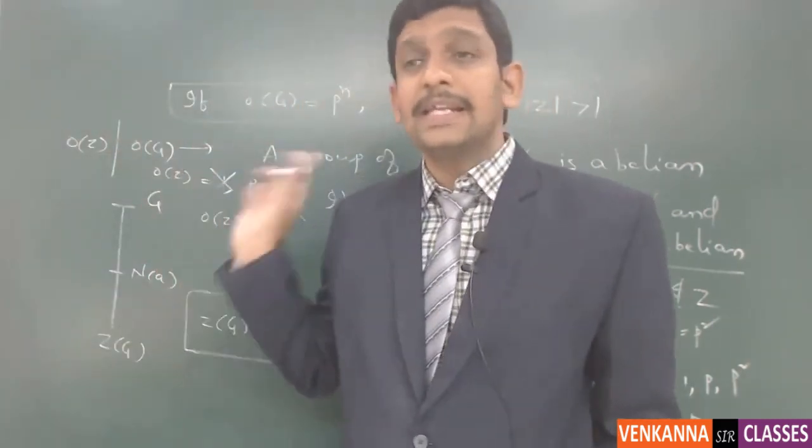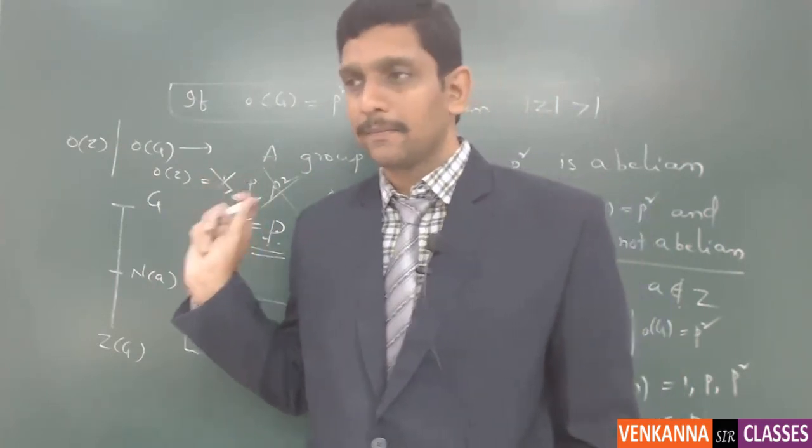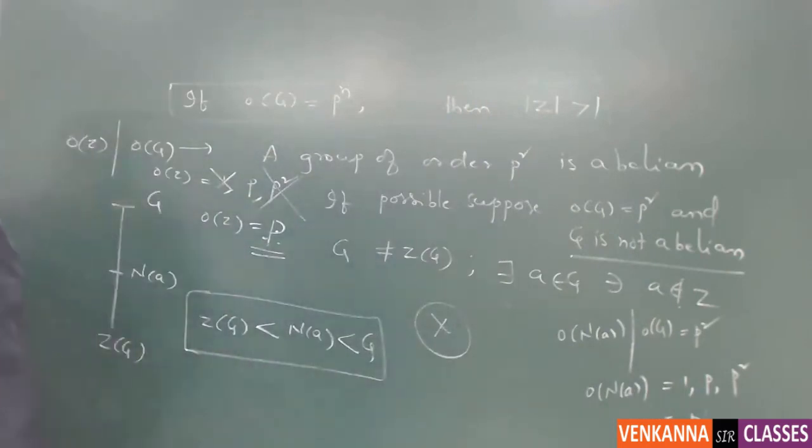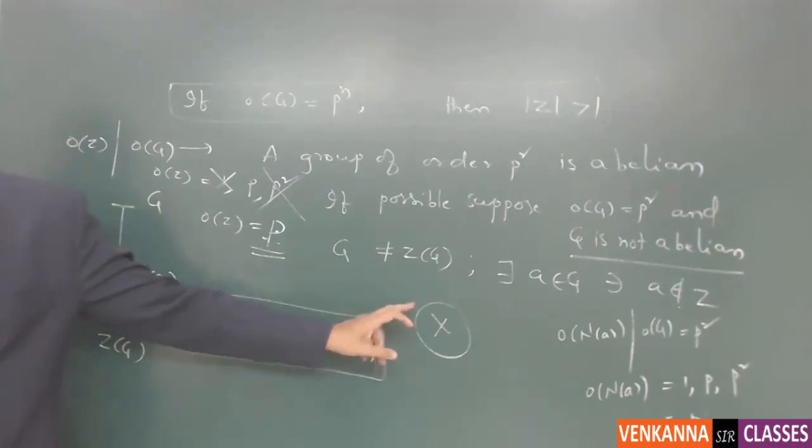In that case, it is the same, right? If G is abelian, then order of G, Z of G, N of A, both are equal. That is the actual content of the problem. So the conclusion of the problem is how the contradiction is arrived here.